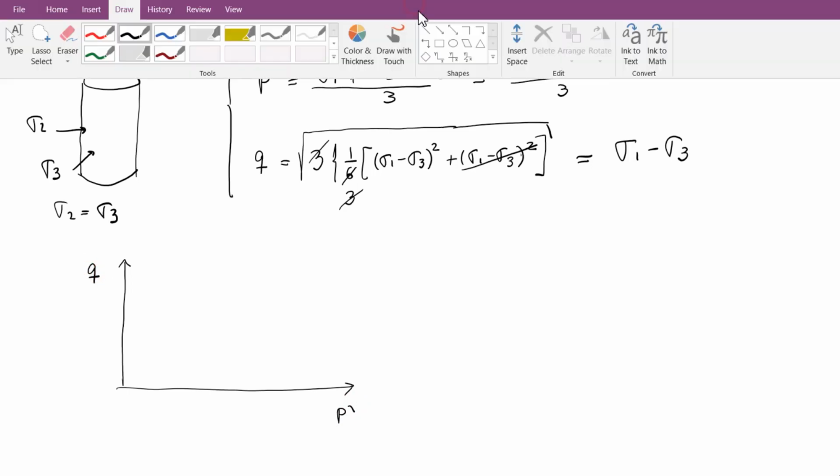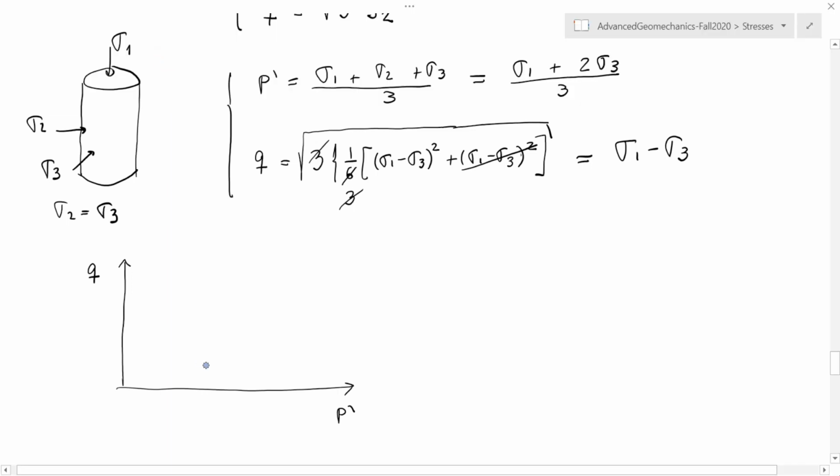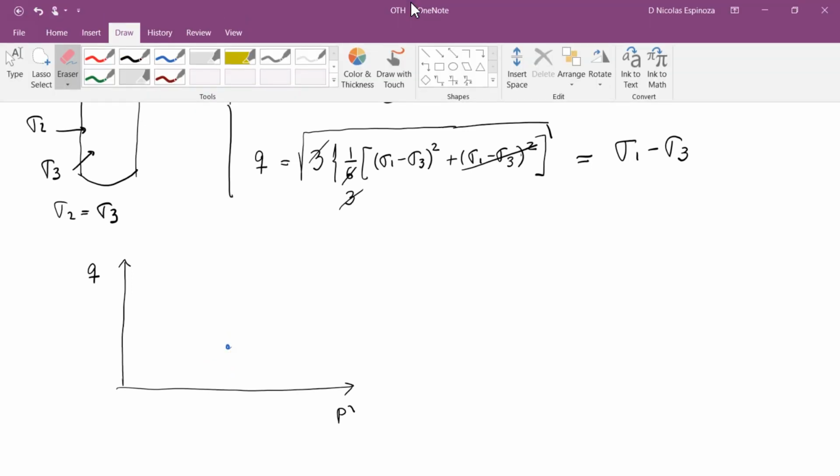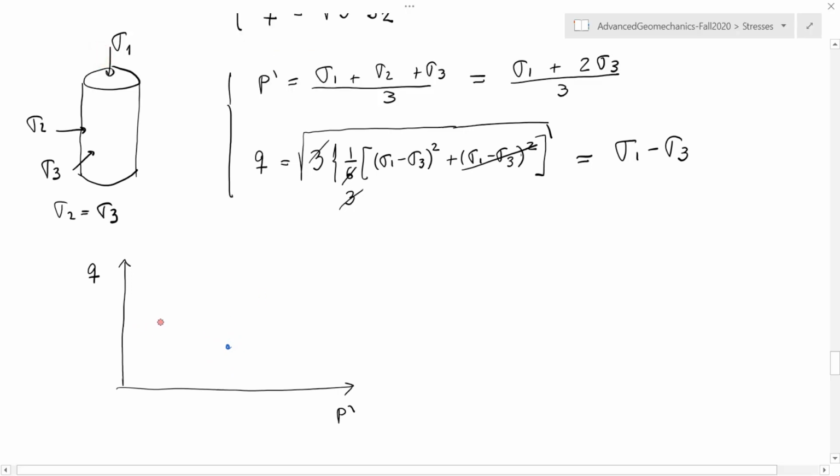If I had an initial state of stress somewhere over here, and I had a shear yield line over here, I'm going to see that with soft sediments also, I'm going to have another component over here, which is due to compression.